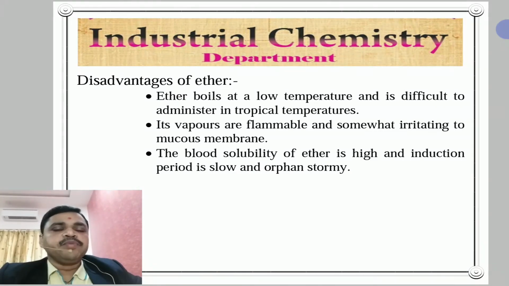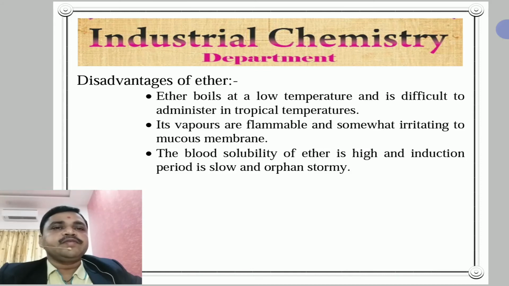Some of the disadvantages of ether. Number 1, ether boils at a low temperature. The boiling point of ether is only 32 degrees Celsius. So its boiling point is very low and it is difficult to administer in tropical temperatures. In summer, the room temperature is 40 to 42 degrees Celsius.